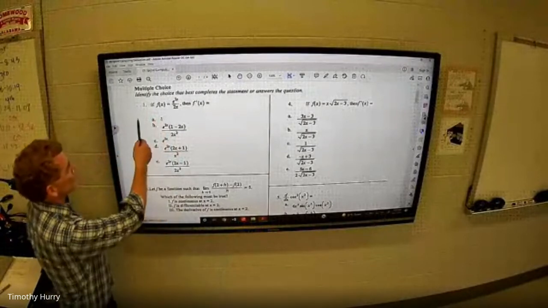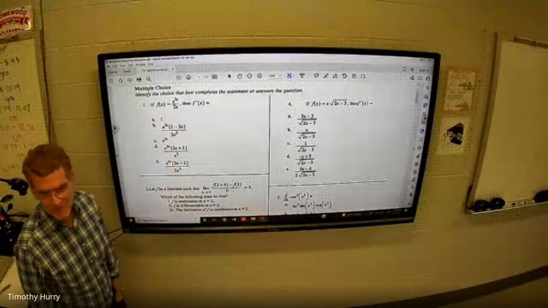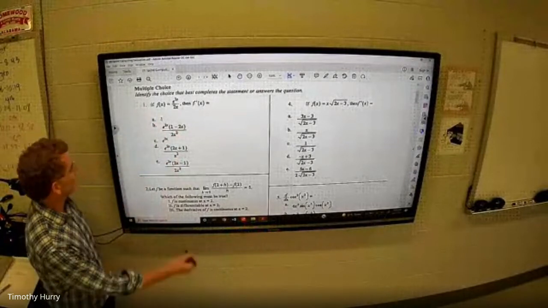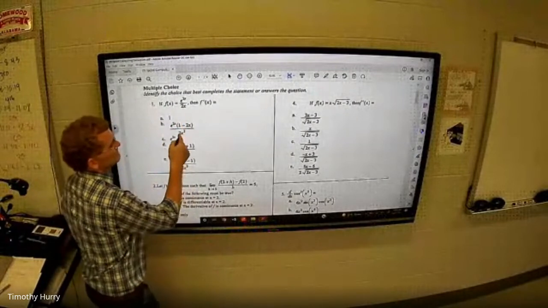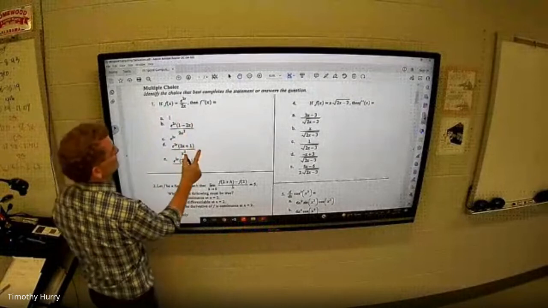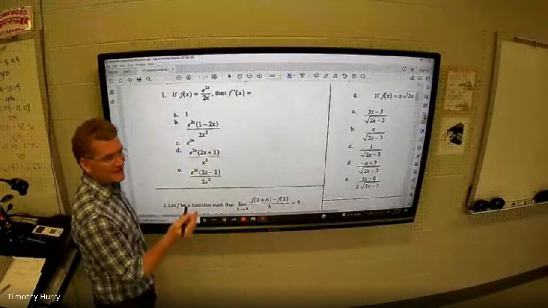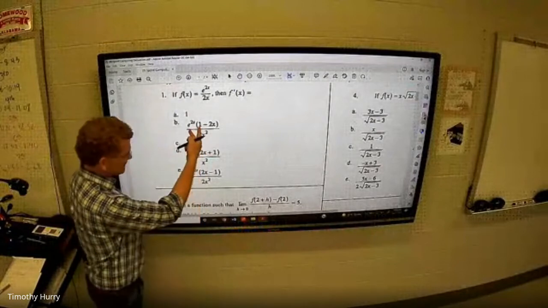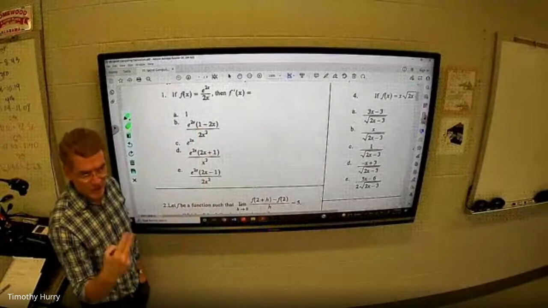So first one, number 1, f of x equals that. What would the derivative be? If you are applying the quotient rule, then the derivative of x would be what? Let me zoom in on this. The trick is not so much in the derivative, but in the simplification, because they're not going to leave it all ugly like we're doing a lot of the time.